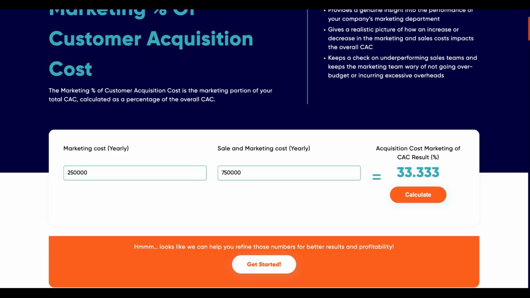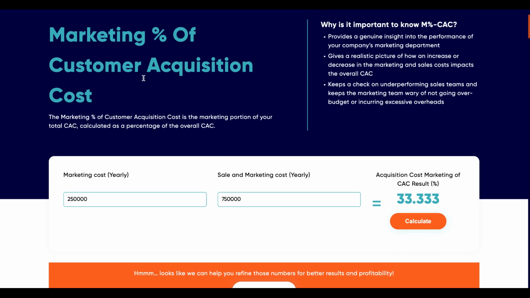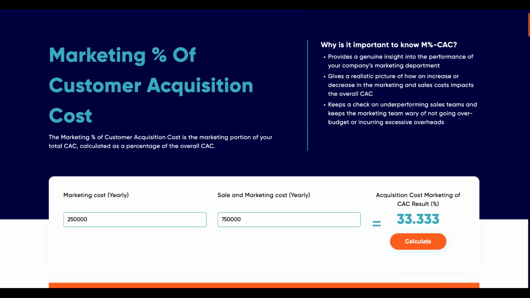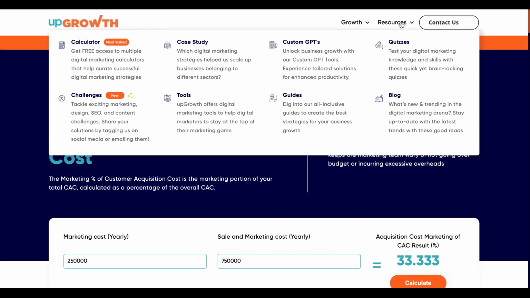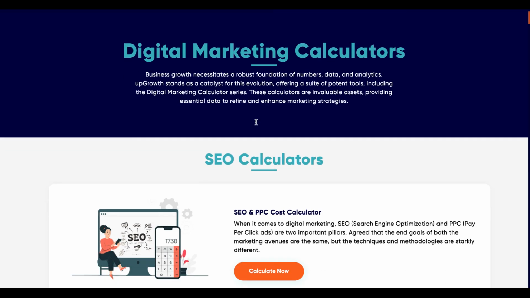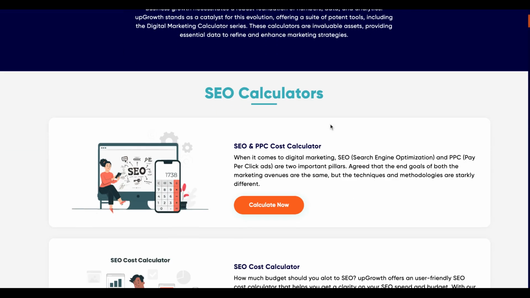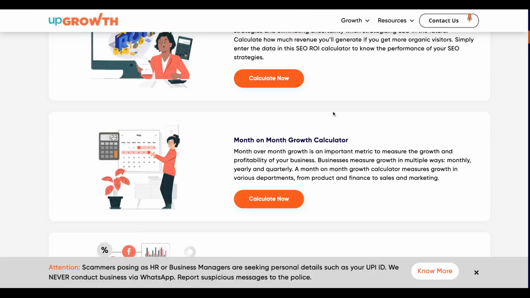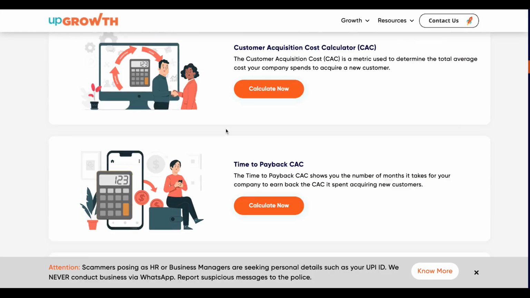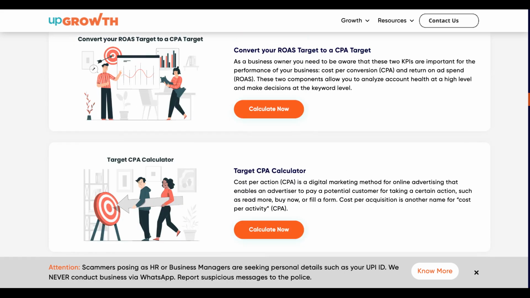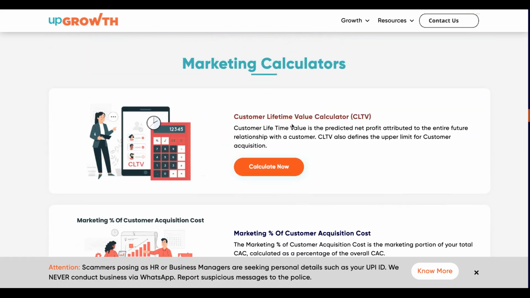So you can look up for more such calculators. Like I said, this is just one of many metrics that you can use to identify your marketing efforts. You can visit upgrow.in, and under resources, you can simply visit our calculator page, which is a repository of many digital marketing calculators, which include SEO calculators, which covers very technical KPIs, PPC calculators, and then we have repository for marketing calculators.